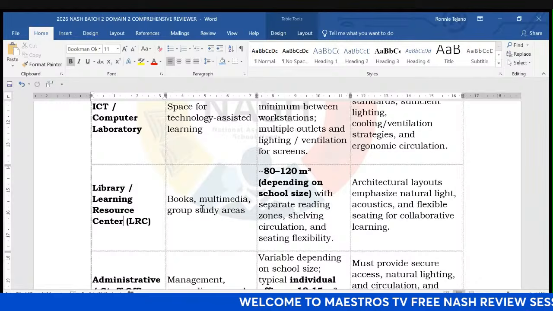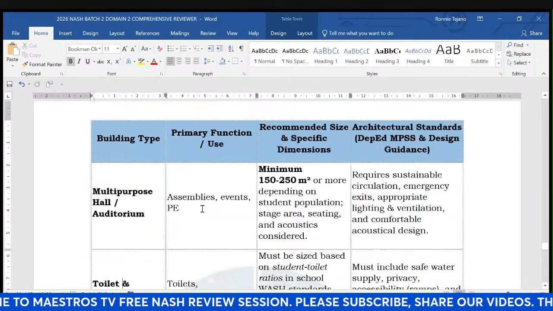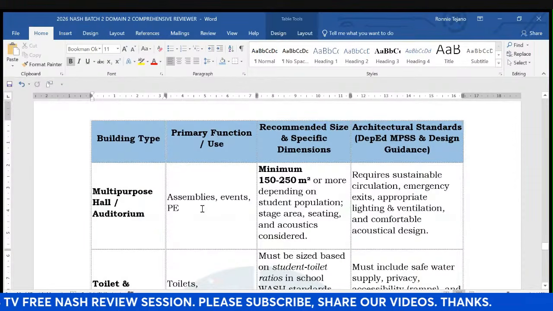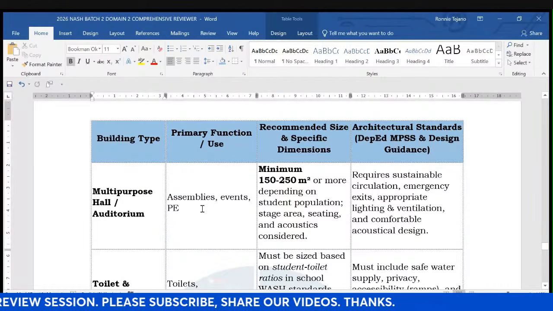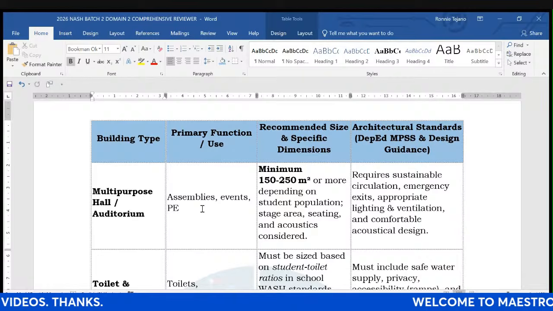Library Learning Resource Center or LRC, that's 80 to 120 square meters depending on the school size. Ganito na kasi, you cannot implement actually the standard if the lot cannot provide you the actual measure. Kesa naman na mawalan ka ng building, gagawa ka na ng paraan.